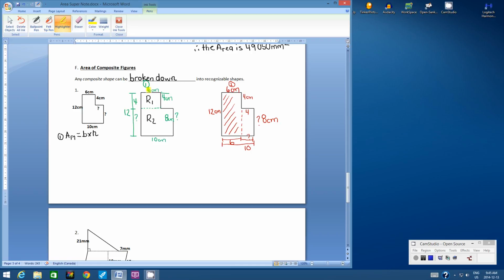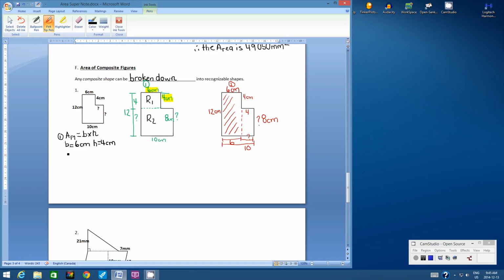What do we know about the base and the height? They are right here. The base is the longest side, so the base is 6 centimeters. The height is 4 centimeters.